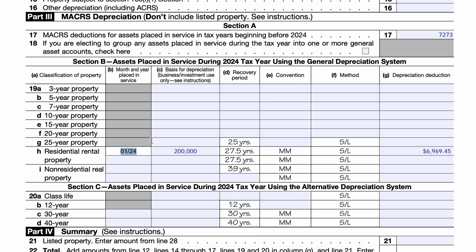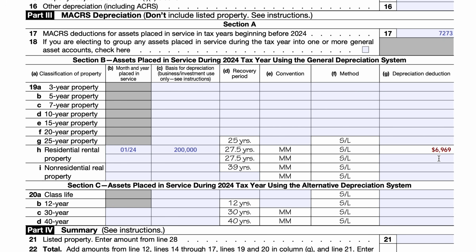You can't claim the depreciation for that first half of January, even if you actually place the property into service with a lease that begins on January 1. You still have to apply the half-month convention. So when we do the calculation, that ends up being $6,945.